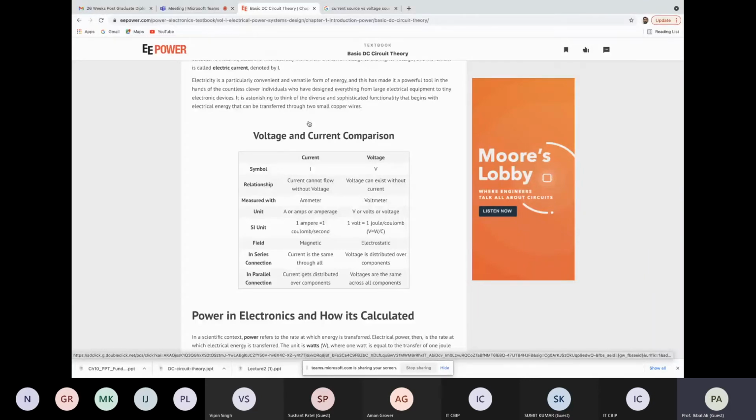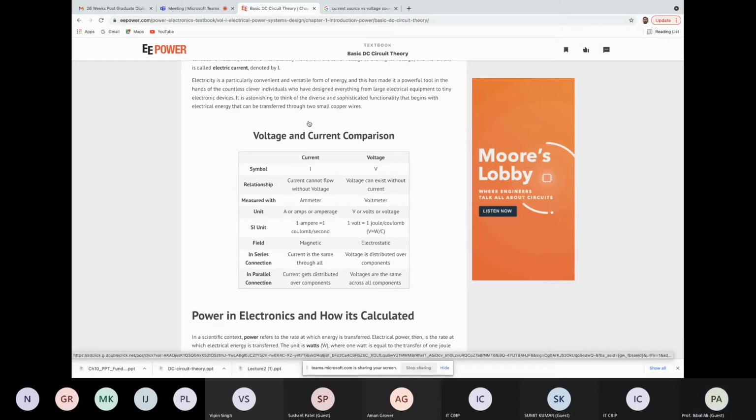So when we consider a connection across two nodes, current in all the components will be same. That is how a series connection is identified. And the voltage across the two considered nodes will be the sum of the voltages across individual components.